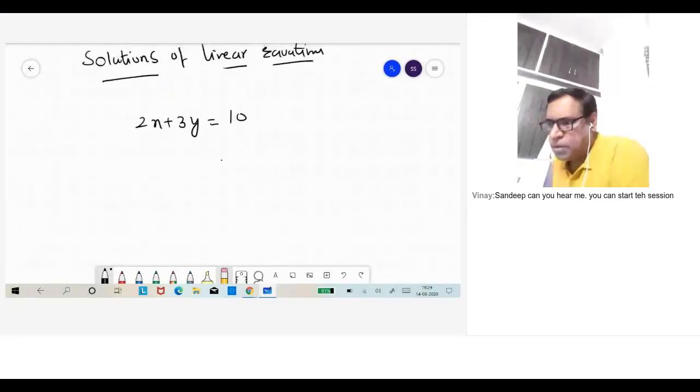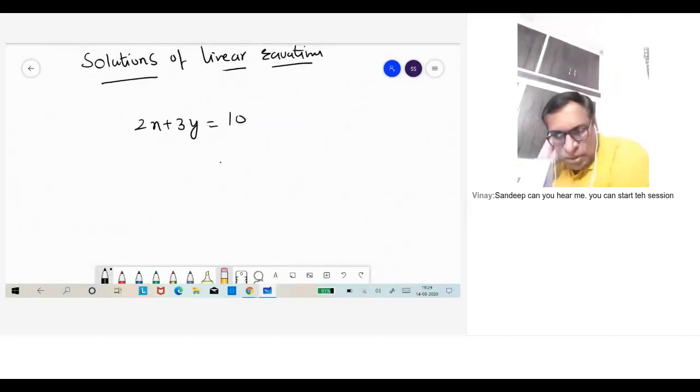So if you observe, what is the solution of this equation? The solution of this linear equation in two variables is nothing but the values of the variables x and y which satisfy this particular equation.